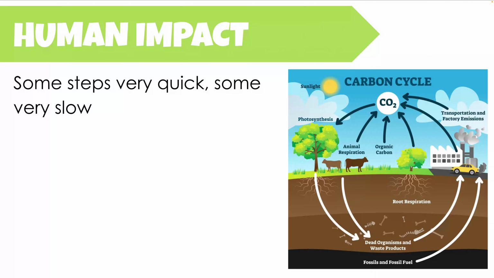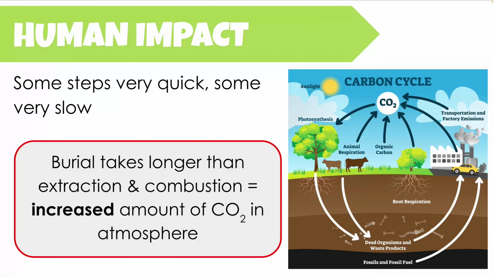Now, when it comes to the carbon cycle, an important thing to talk about is how humans are impacting it. One thing we need to talk about is how some of these processes in the carbon cycle happen very quickly, but others happen very slowly. And when you throw humans into the mix, it can throw the carbon cycle off balance.